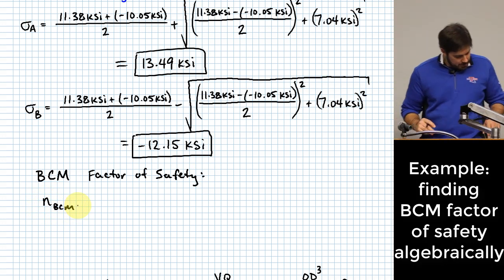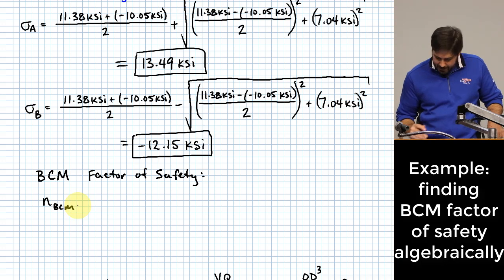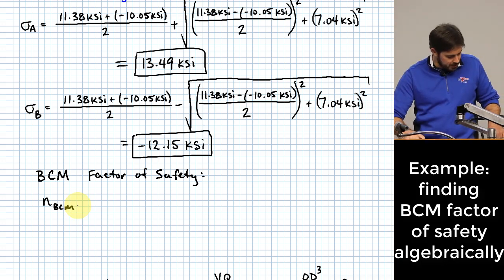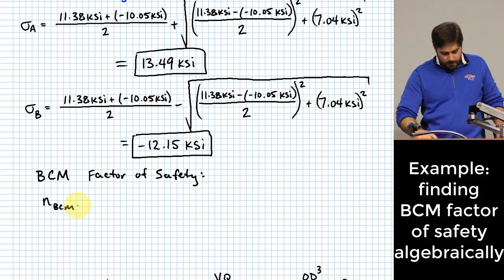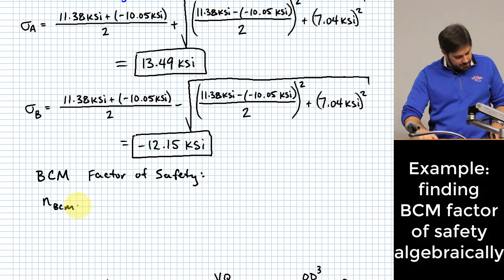Okay. So first we need to figure out, where are we at in terms of our principal stresses? Do we have opposite signs? Okay. That means that we are on equation 531b.